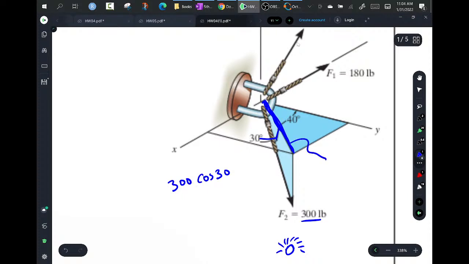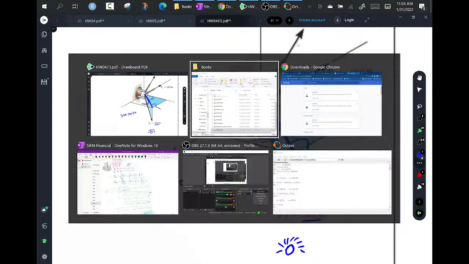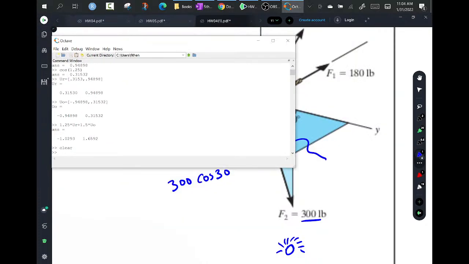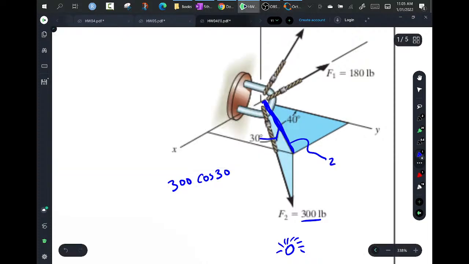So I'll just pull that out to the side, and I will do Alt-Tab until I can get to this, and then I'll clear the screen, and then I'll do 300 times cosine in degrees of 30, 259.81. 259.81, and that's the length. The vector starts here, ends up out here. So if you want to put an arrowhead on it, it's like this.